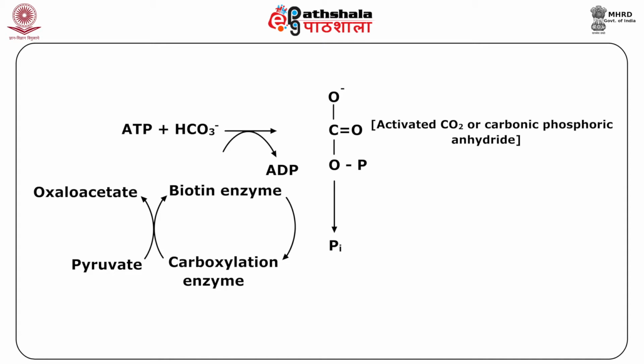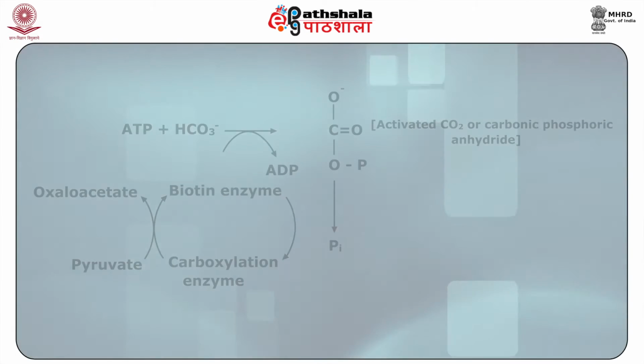Biotin as a part of carboxylase enzyme then catalyzes the transfer of carbon dioxide to the substrate. It first attaches to activated carbon dioxide in the form of bicarbonate anion, that is HCO3-, to form carboxylated biotin. This then transfers carboxylate to the substrate.